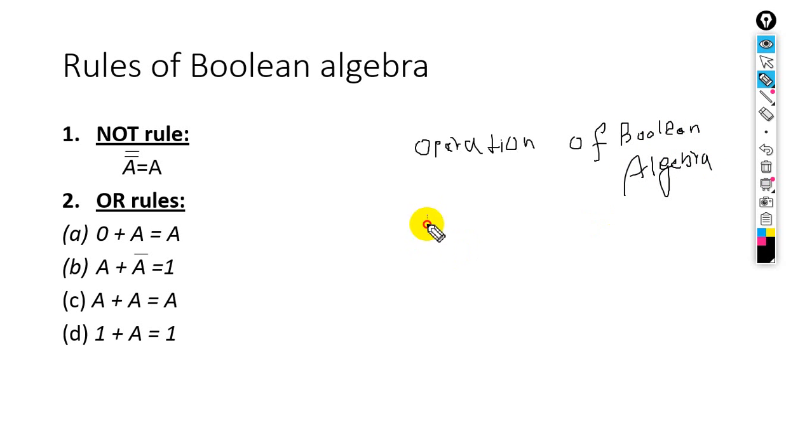So first we have the not operation, or not operator. Second is the and operator.